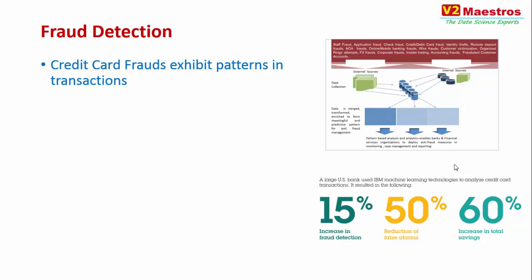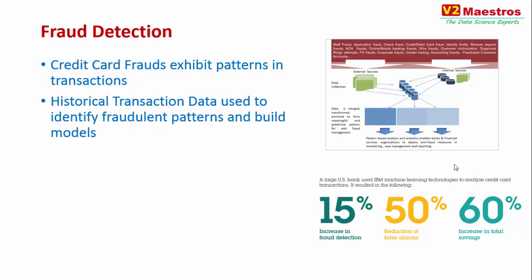These patterns are captured in the historical data and used to build models of fraudulent transactions. The historical data has good transactions and fraud transactions, which are used to build models of how a fraudulent transaction looks.